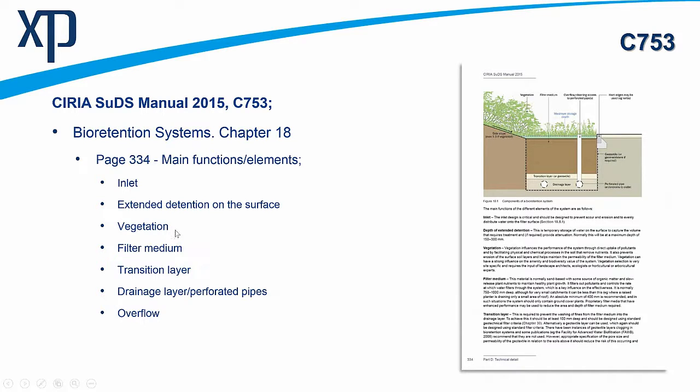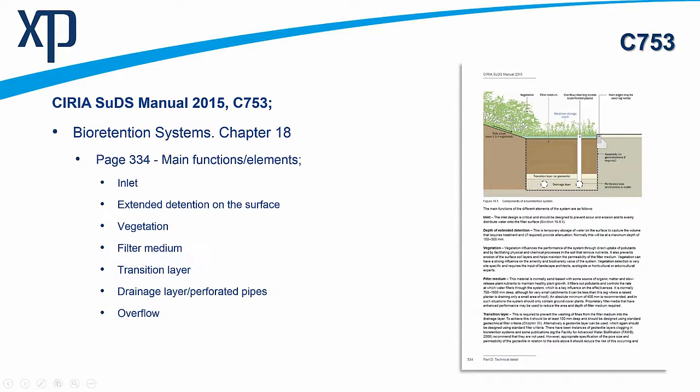We also have vegetation, and then below that vegetation, below the soil, we have filter medium. There's a transition layer below that medium, such as the geotextile, before we have a drainage layer, so the pipe bedding, open stone with maybe perforated pipes or not, as the case may be. And on occasion we can put in overflow as well. So these are the main aspects, all in the one structure.